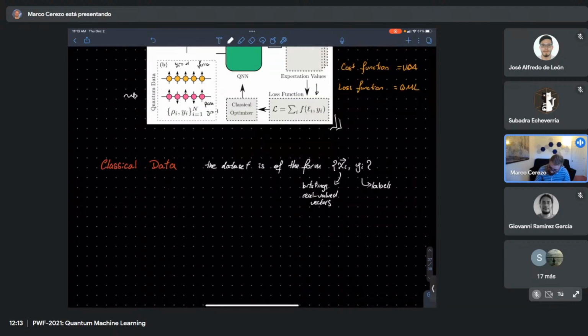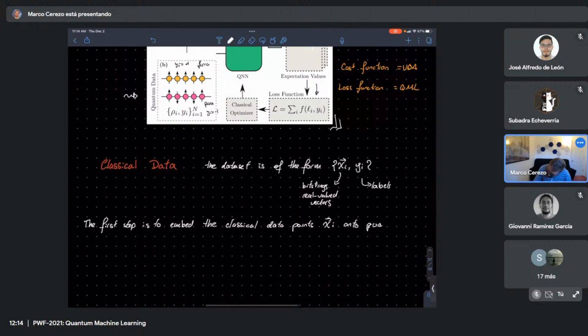Right? So as we said here, the first step is to embed the classical data points x_i onto quantum states that my quantum machine learning model can work with, so that a quantum computer can use them for information processing.